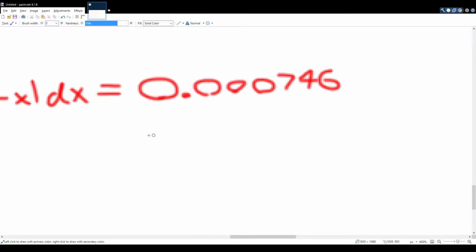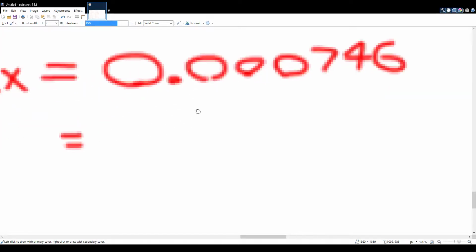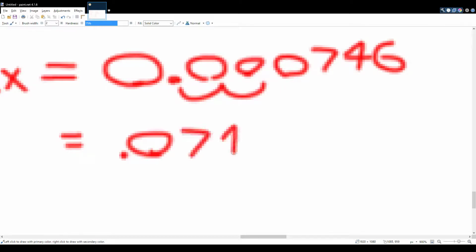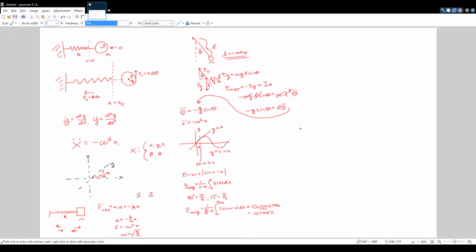And you can multiply this by 100 to get 2.0746% error. And that's a crazy low error. It's not exactly percent error because you'd have to divide that by a certain value, but really it's a crazy small error that's really negligible for small angles.